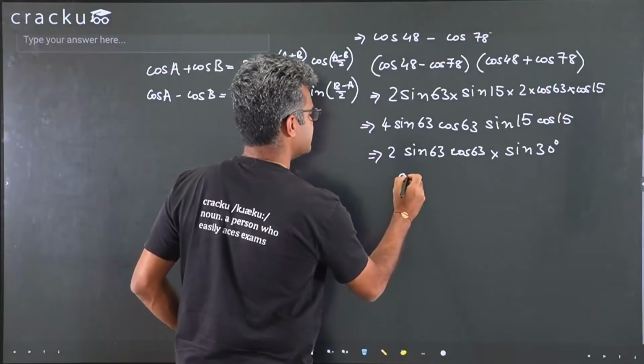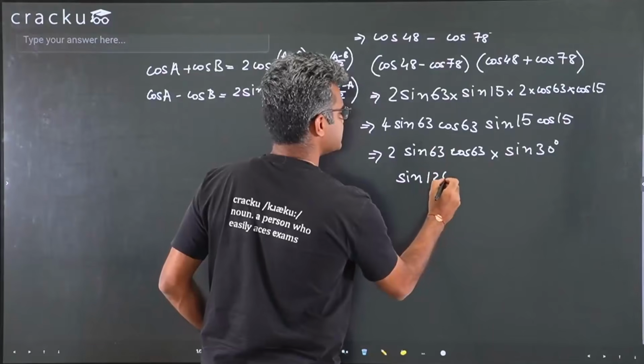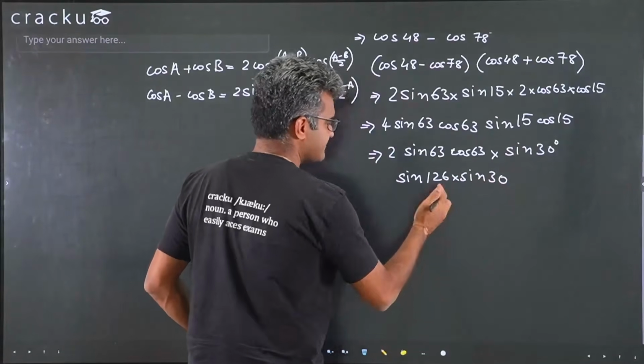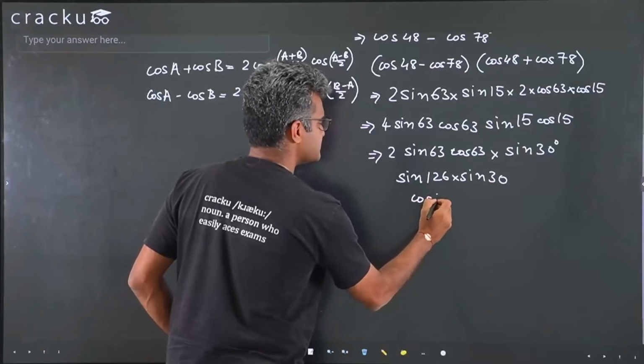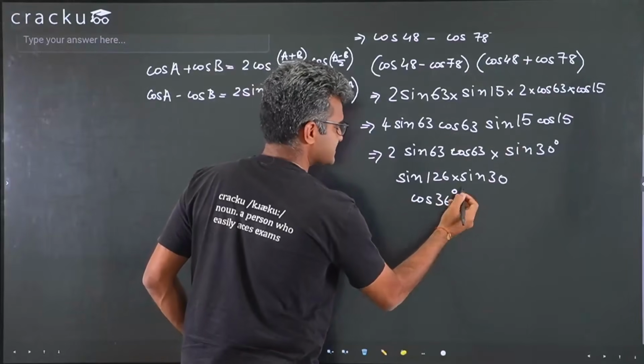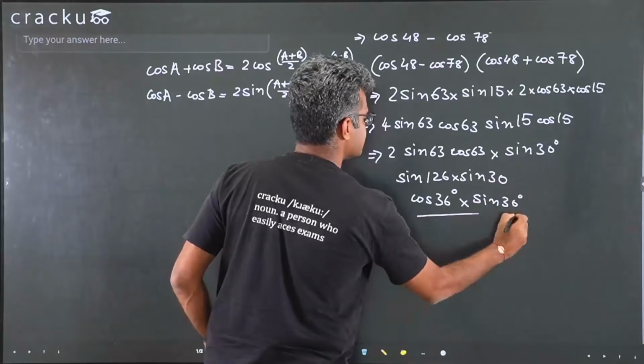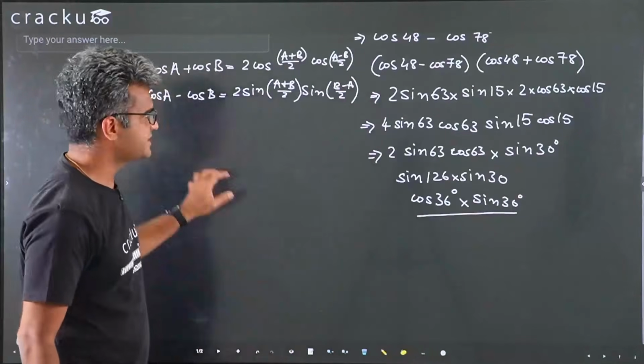So this is sin 126 into sin 30 degrees. This is the numerator. Sin 126 is cos 36. So this is cos 36 degrees into sin 30 degrees. This is the numerator. What is the denominator?